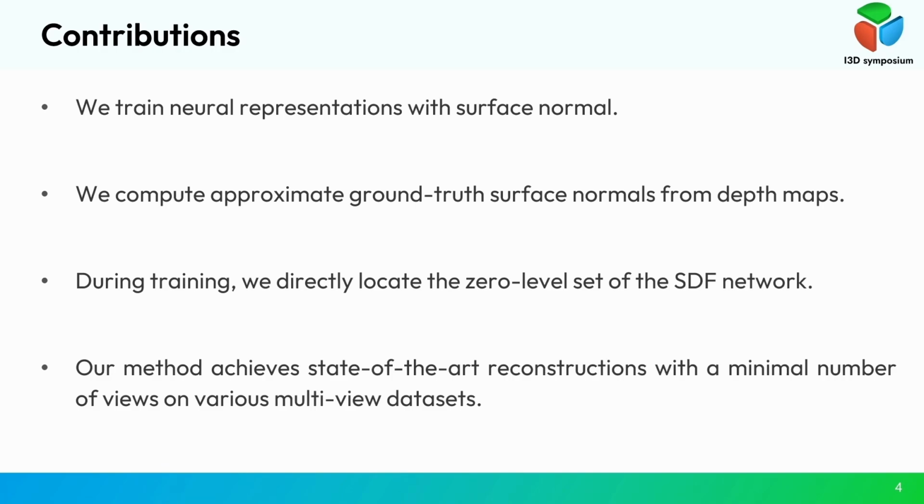During training, we directly locate the zero-level set of the SDF network and supervise its normal with the one estimated from the depth map. And extensive experiments demonstrate that our method achieves state-of-the-art reconstruction even when we have a minimal number of input views on various multi-view datasets.